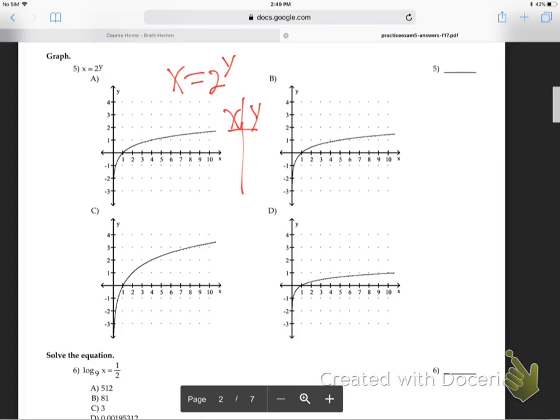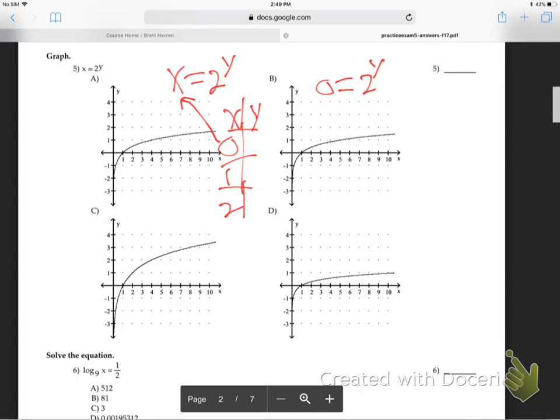If I plugged in for x, we're going to plug in 0, 1, 2 like we always do, right? If I plugged in 0, 1, 2, nothing would work. Let me show you. For x, you've got to plug them in for y, because x and y have reversed positions in this thing. What would be the problem? If I plug in 0 for x there, I'll get 0 equals 2 to the y.